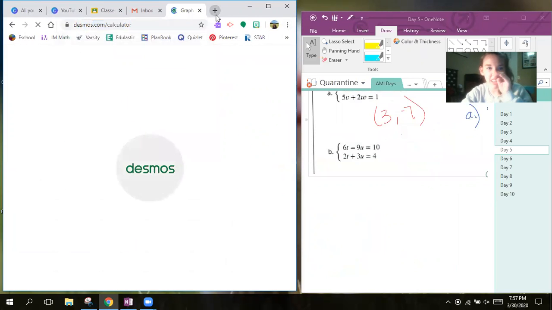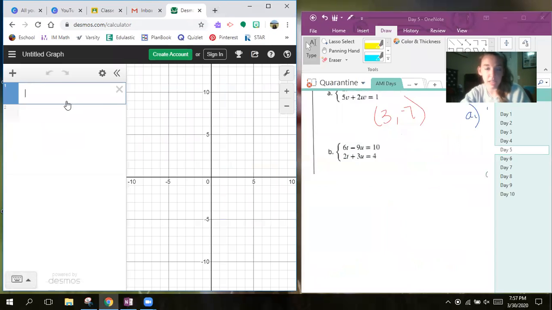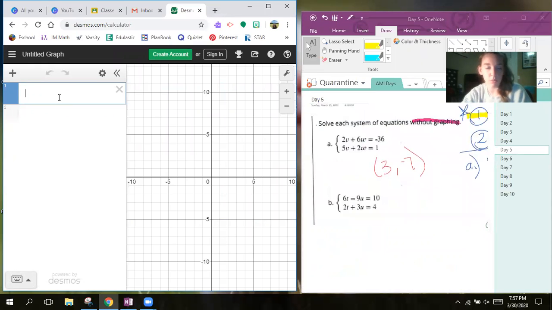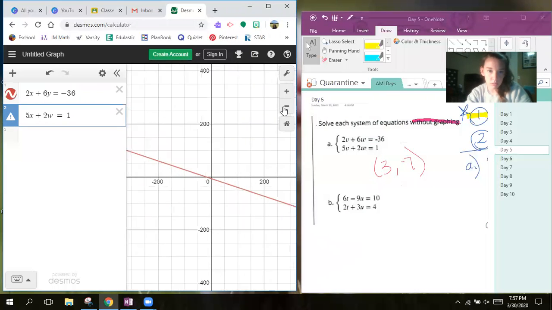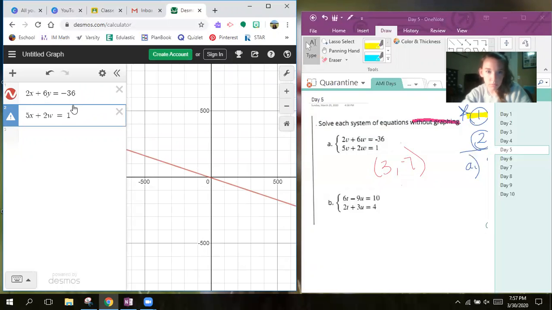On your favorite website, Desmos. Okay, so remember you can't do anything other than x and y, so I have 2x plus 6y equals negative 36, and then my other equation was 5x plus 2y equals 1. Okay, so if I were to zoom out, what did I do wrong?